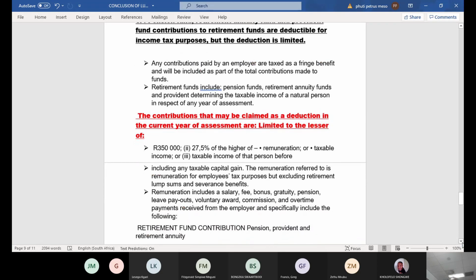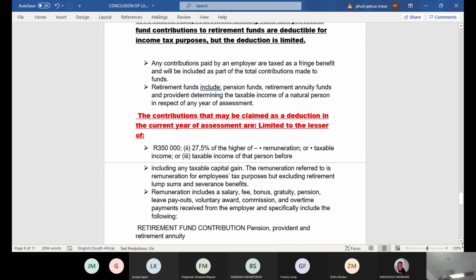The contributions that may be claimed as deductions in the current year of assessment are limited to the lesser of R350,000, or 27.5% of the higher of the remuneration or taxable income of that person before including any taxable capital gain. At this point in time, we don't know anything about taxable capital gain, but I think it's one of the last study units.